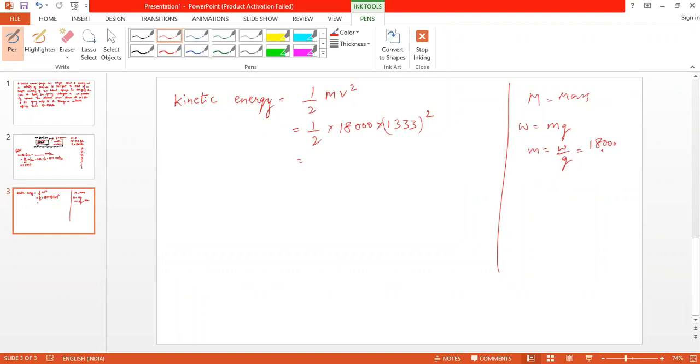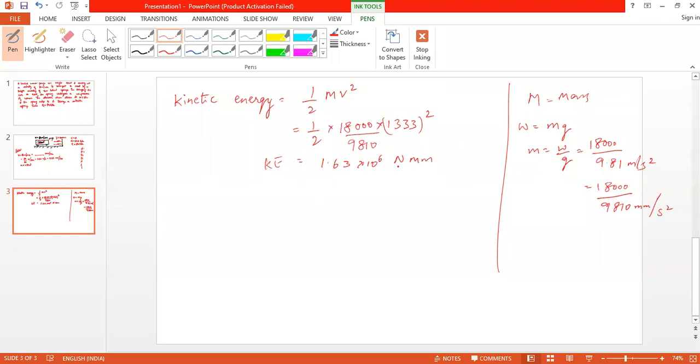So this is 18 kilonewton divided by 9.81 meter per second square, that is 18000 divided by 9810 in mm per second square. So here it should be divided by 9810. So it is 1.63 into 10 power 6 Newton mm. So this is the kinetic energy possessed by the moving mass.